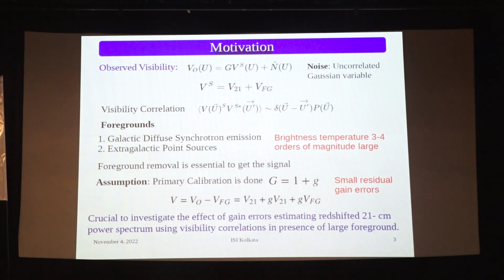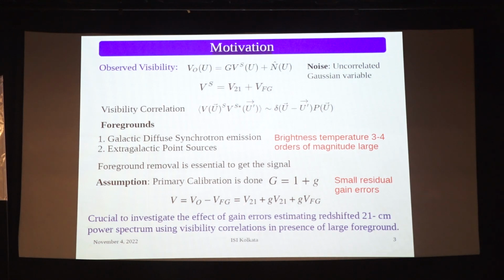After subtracting the foreground visibilities from the observed visibilities, we shall get this, where we are left with the 21 centimeter signal component plus a component coming from the residual gain error times the foreground component. And here the component small g times V21, as the 21 centimeter signal is very small and these residual gain errors are also small, we can neglect this term.